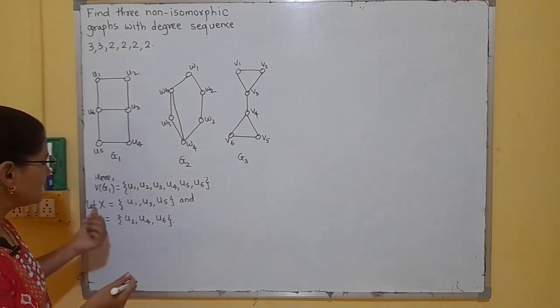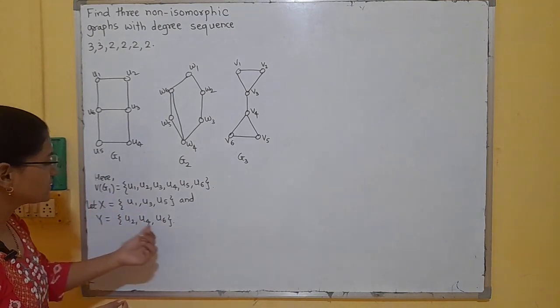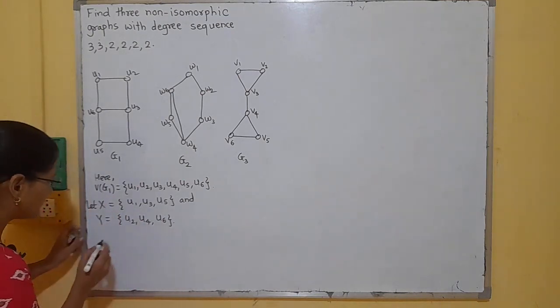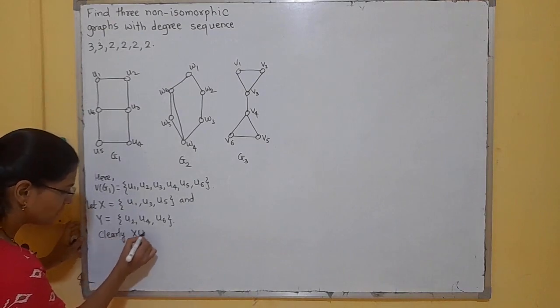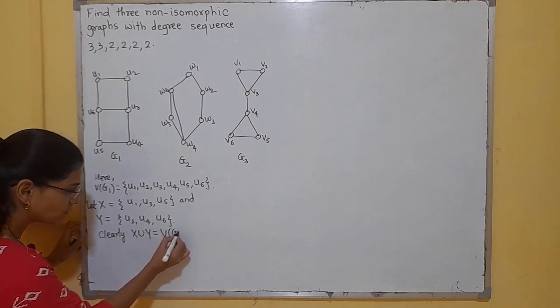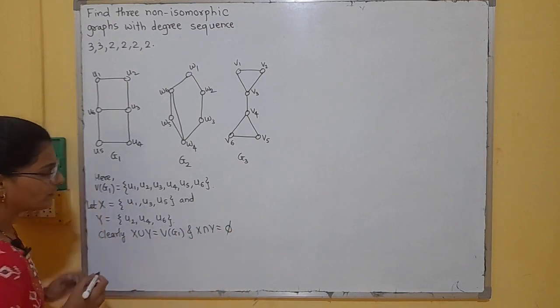Clearly we can say that X union Y is equal to the vertex set of G1 and X intersection Y is the empty set.